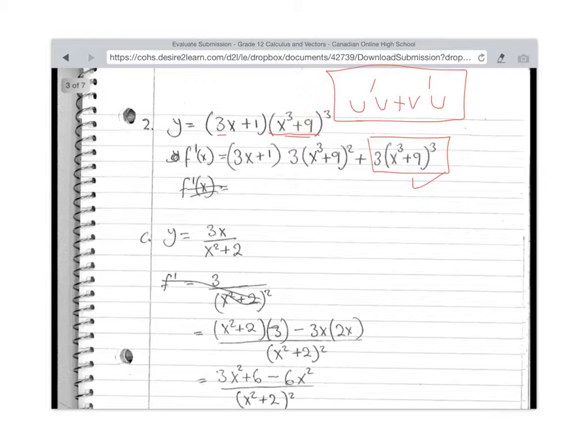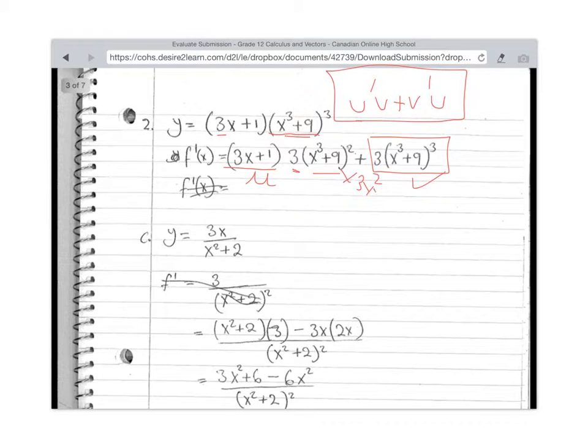In the second half of your derivative, you should have function v prime, which is 3 times x cubed plus 9 squared times 3x squared for the chain rule, and then multiply by function u as you have here.